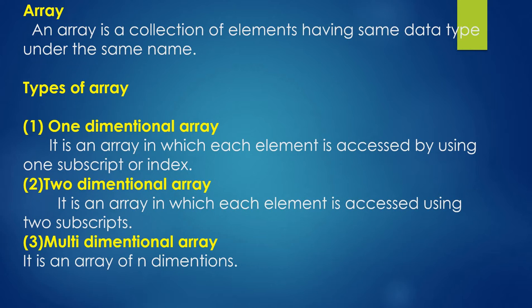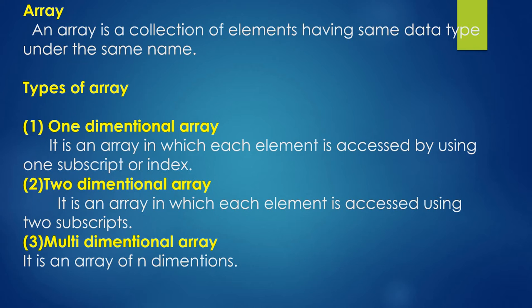Then a two-dimensional array is an array in which each element is accessed using two subscripts or indices. That is, how many indices do we require? Two indices or two subscripts. In a two-dimensional array we use two subscripts; in a one-dimensional array we use one and only one subscript.